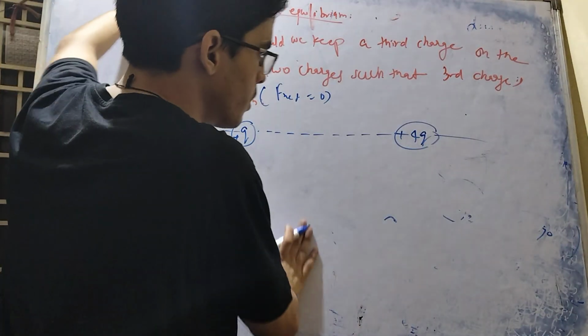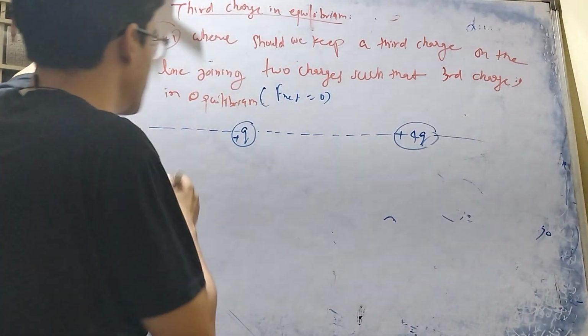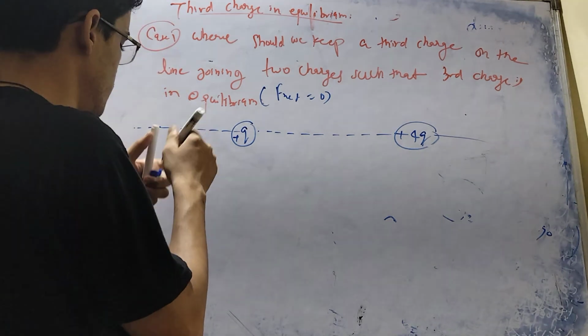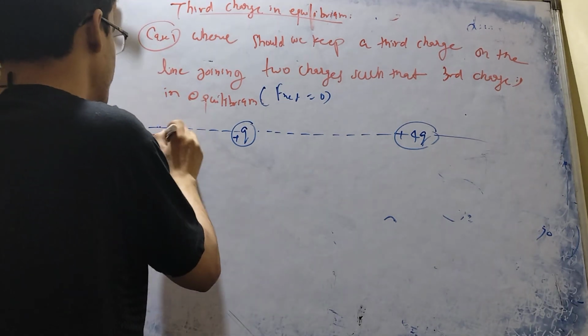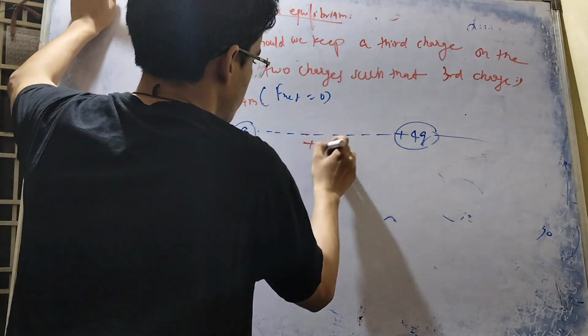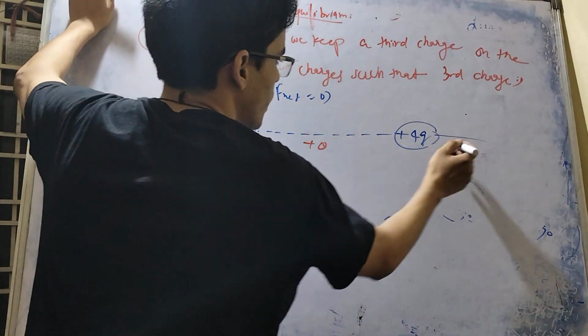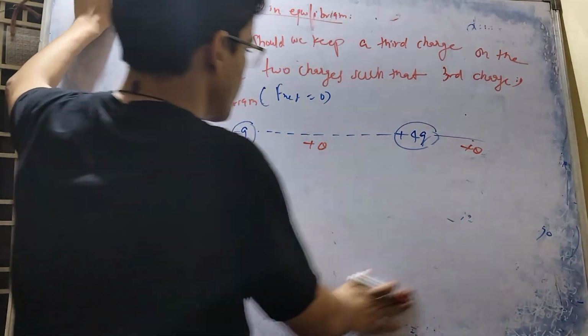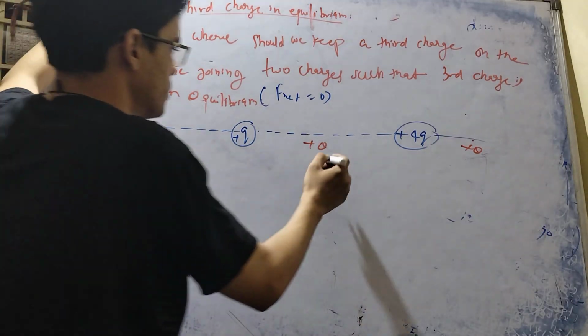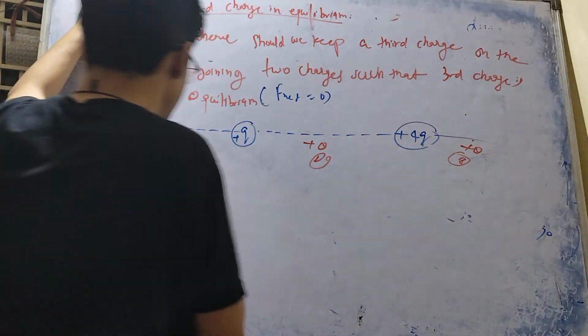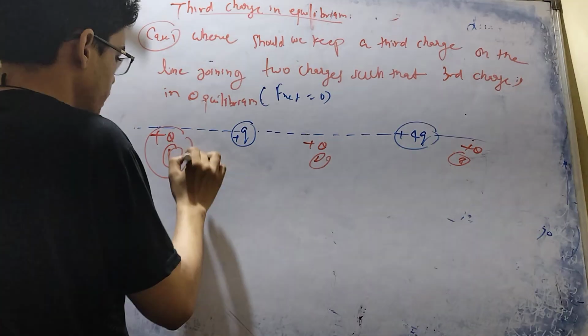So we have three possibilities. Either we can put this third charge here, or here, or here. One by one I want to check. This is first, second, third. In case first, what will happen?